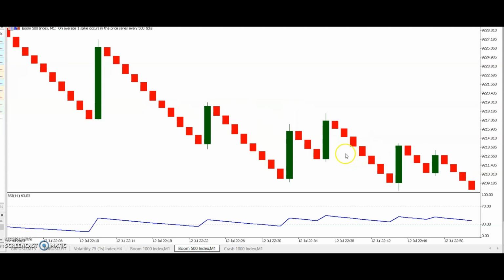And as soon as price starts to reach the previous peak, then you need to draw a line there, just a simple line.